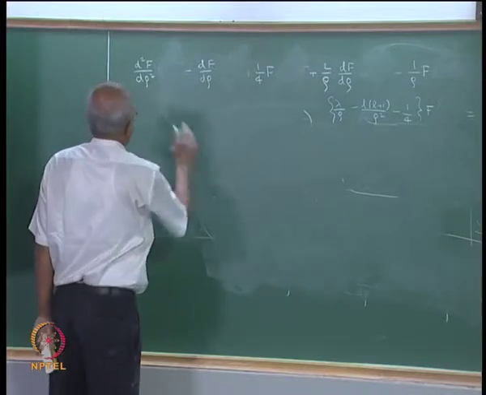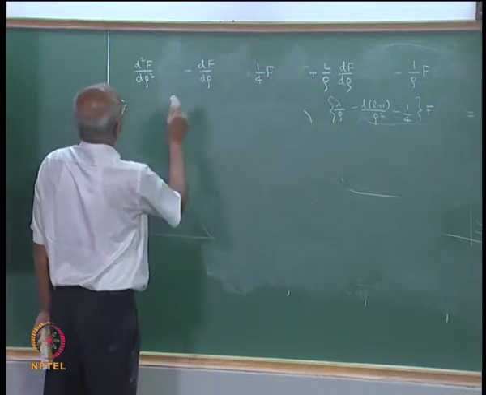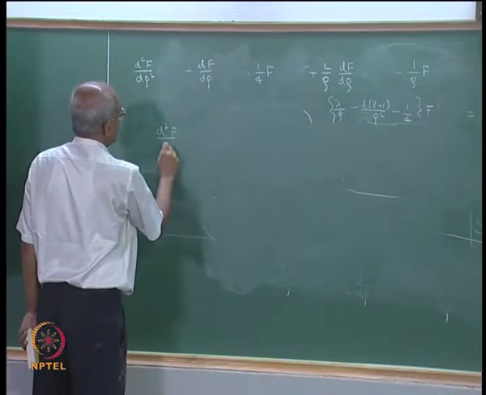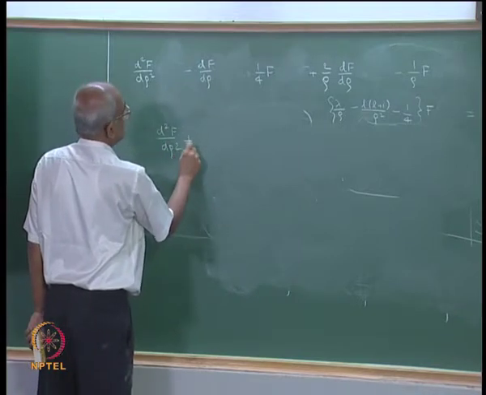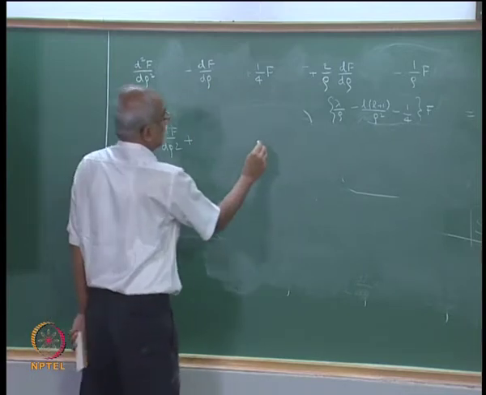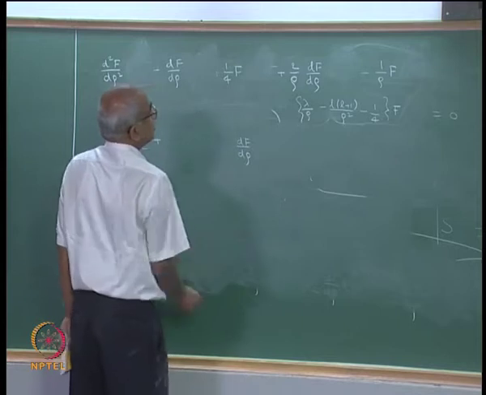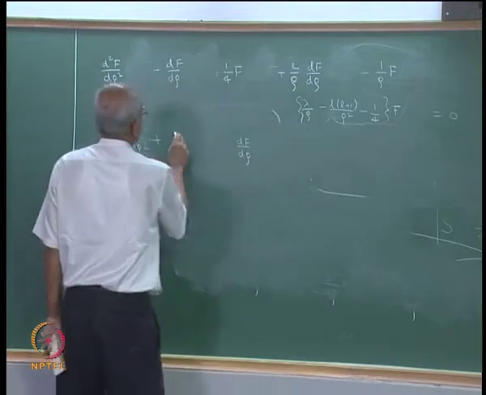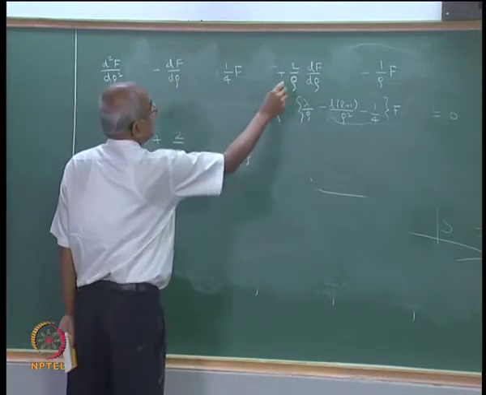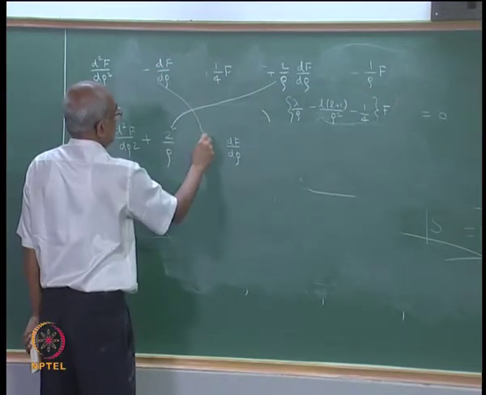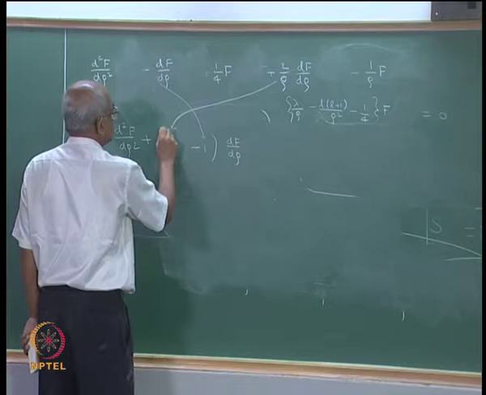I suppose not. So, the equation becomes d square f by d rho square, first term, plus I have terms involving df by d rho. There is a 2 by rho coming from here, so this will be here, and there is a minus term which I will put here, so minus 1.